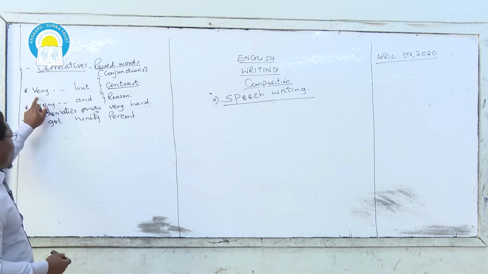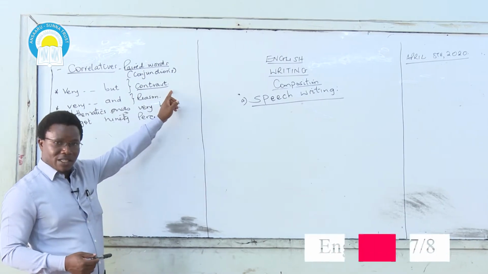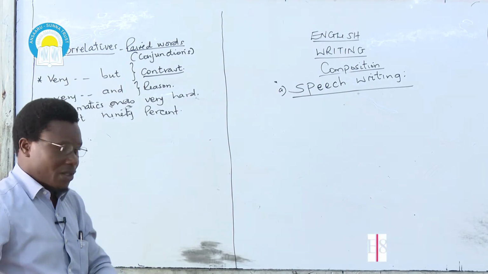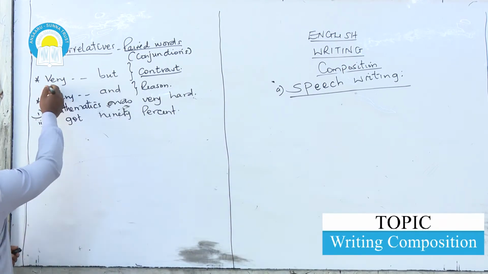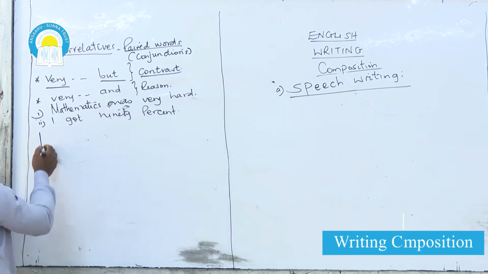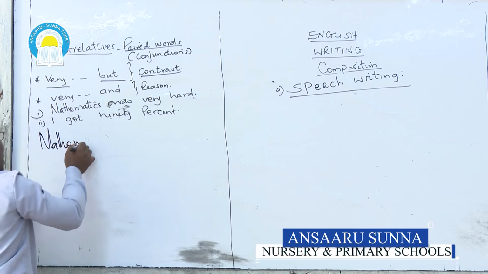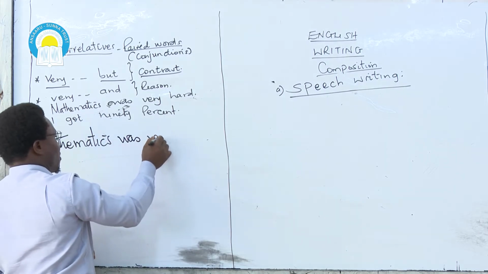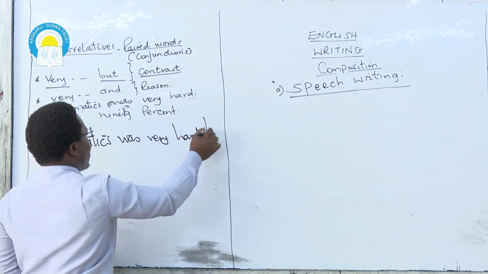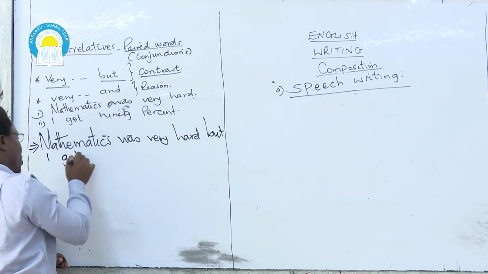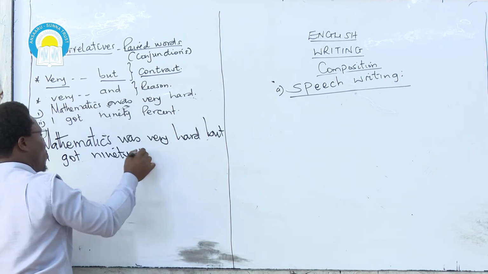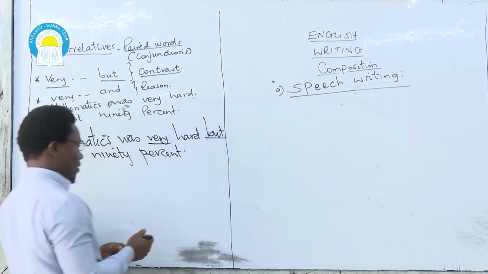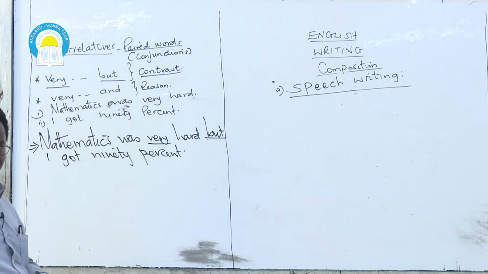That's why I've said that when you use 'very but', we refer to the contrast, the opposite, thus you go against the expectations. So this sentence, if joined with 'very but', becomes: mathematics was very hard, but I got 90%. 'Very but'. This was introduced in Standard 7.